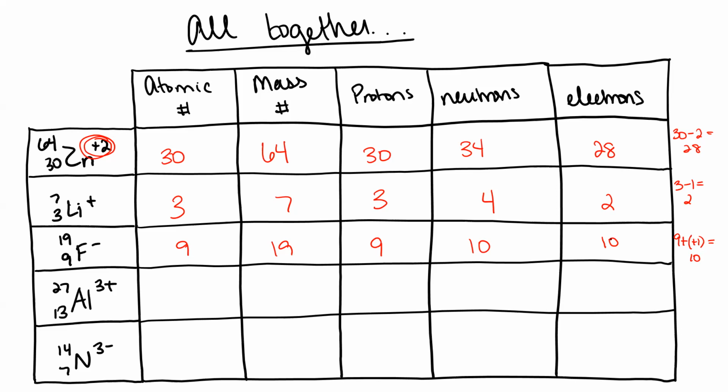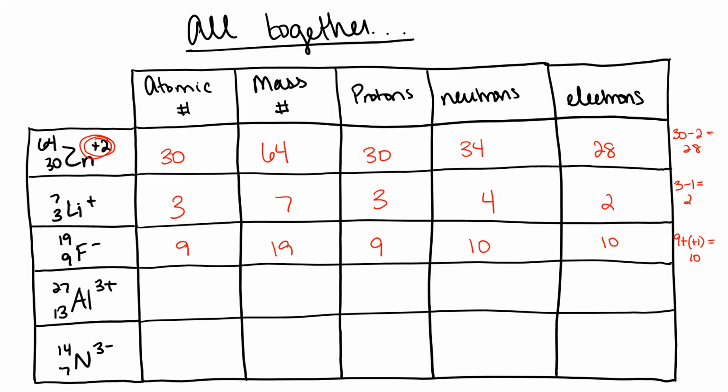In zinc 2 plus and in lithium plus, we're going to have a smaller number of electrons comparative to our number of protons because they are positively charged. We have lost electrons. With fluorine, though, we have gained an electron, and so we have to be aware that logically, yes, we're just plugging this into a formula, but this is how this is going to work. We need to make sure that our answers always make sense.